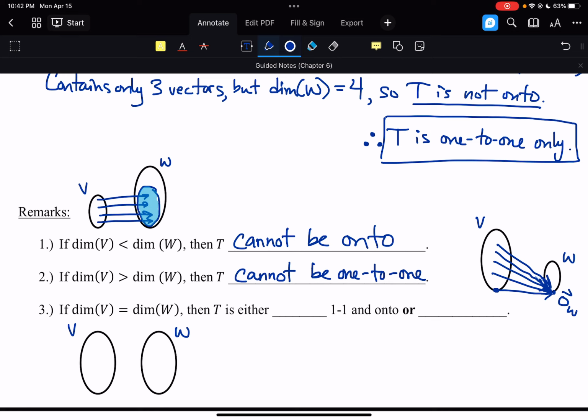It's too much going into too little, so you're going to start having to double up. So it cannot be 1-to-1 if V is larger than W.